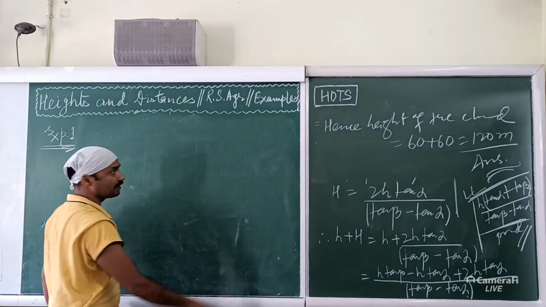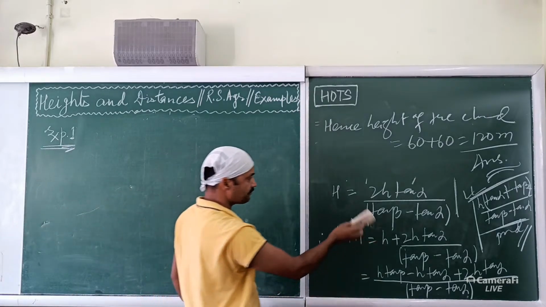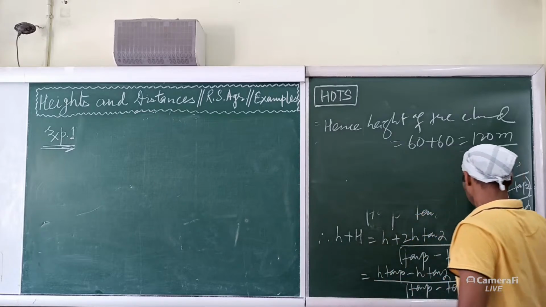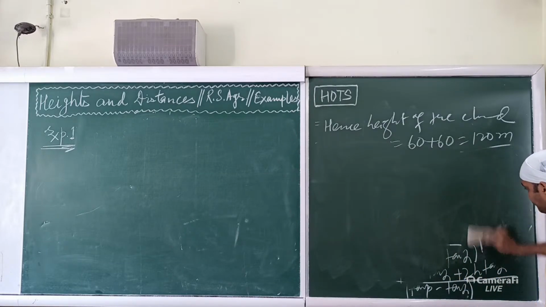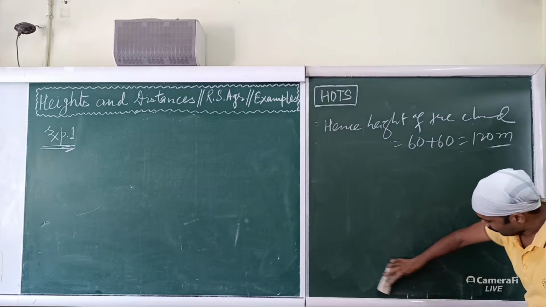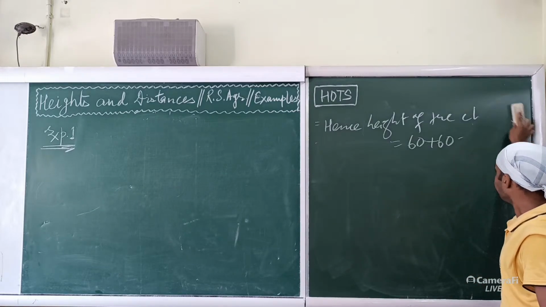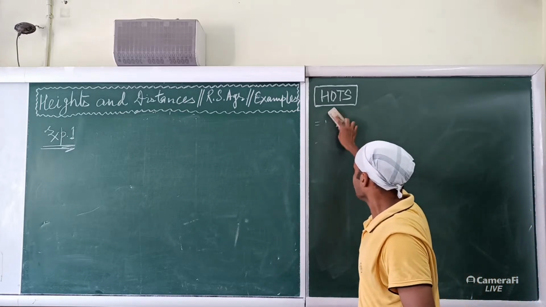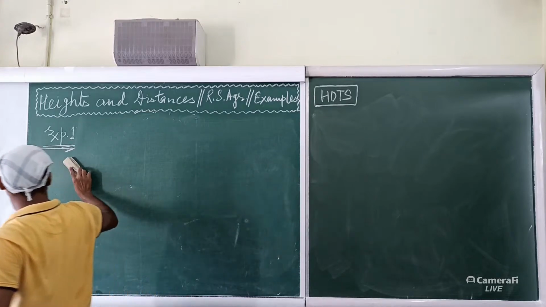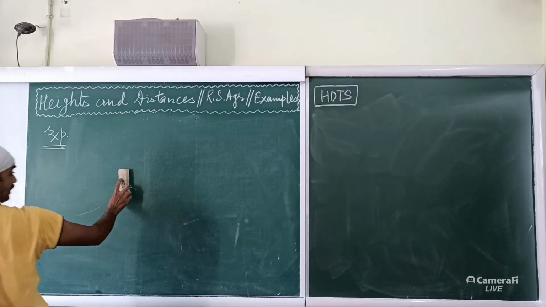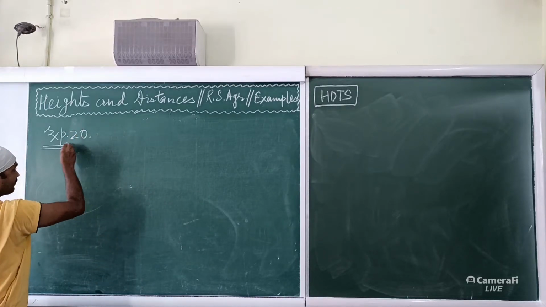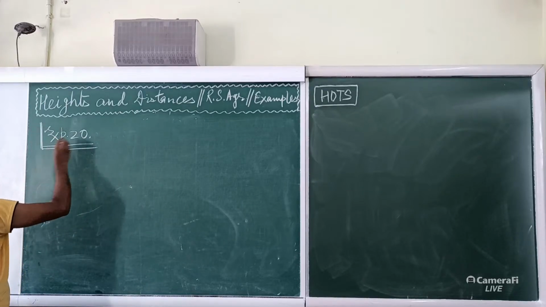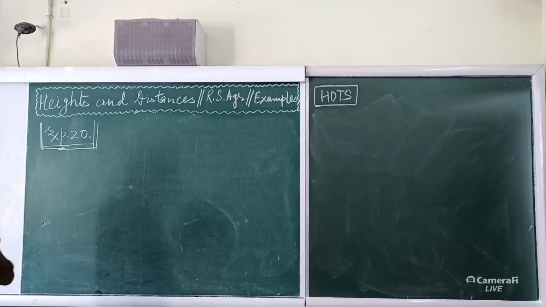HOTS means higher order thinking skills. In the board exam there are few questions of HOTS type. Most of the questions are average or below average, and HOTS type are very few. These questions are made for genius students who have more interest in mathematics and want to make mathematics their career.